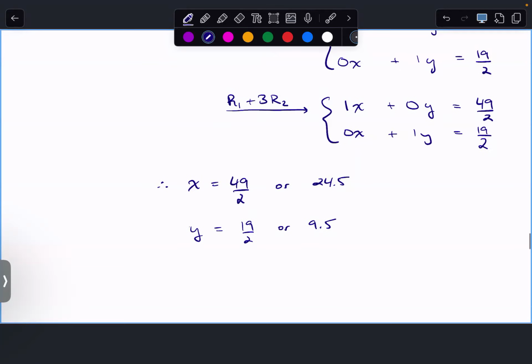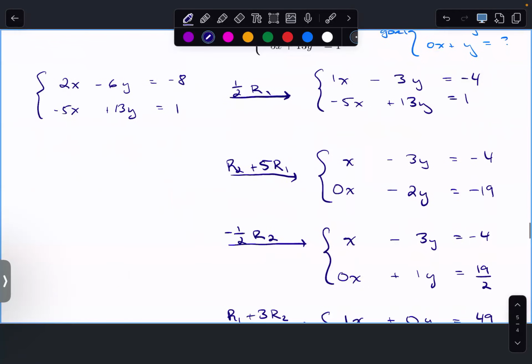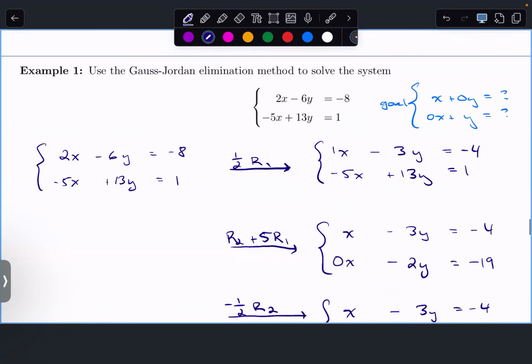It doesn't matter which one you put. Well, you can just choose which row you want to change. Keeping in mind that the ultimate goal is to have something like this, x and y equal to something, right? Kind of this diagonal form.